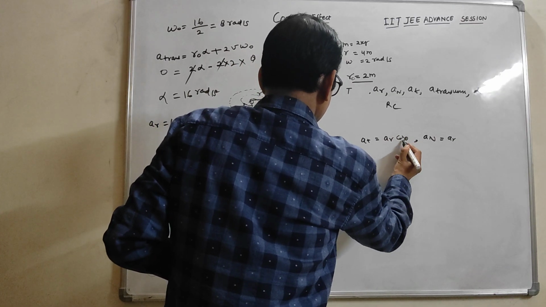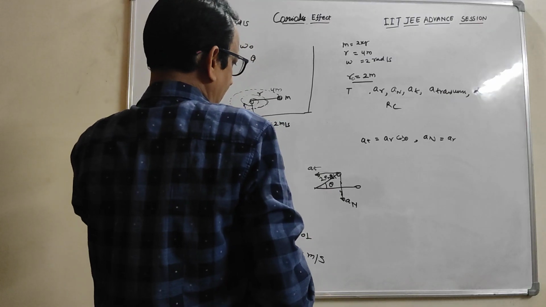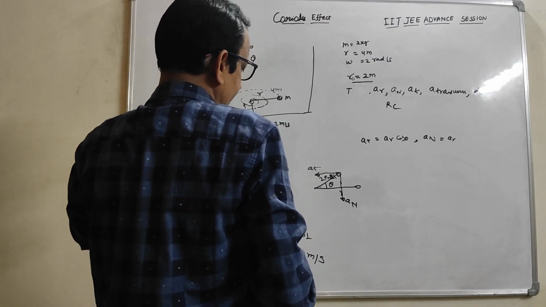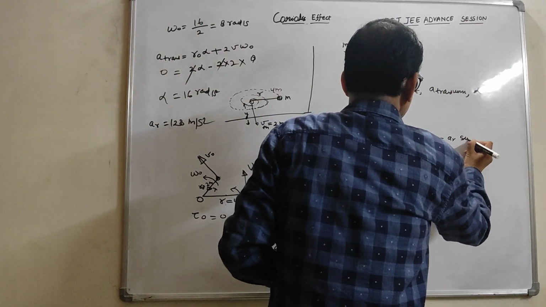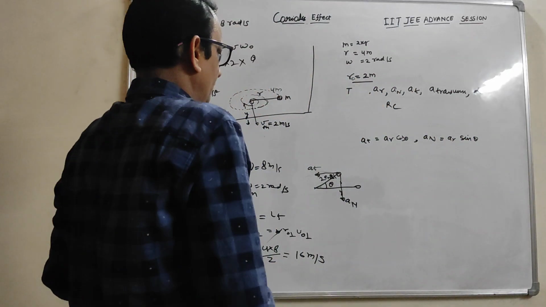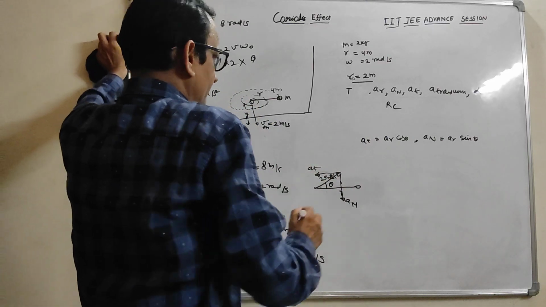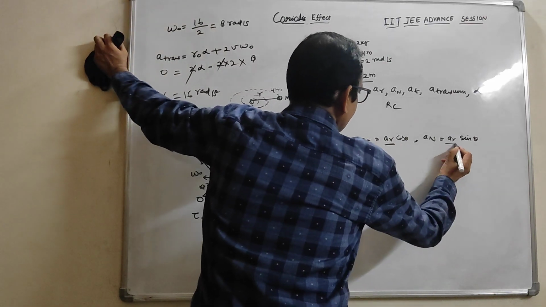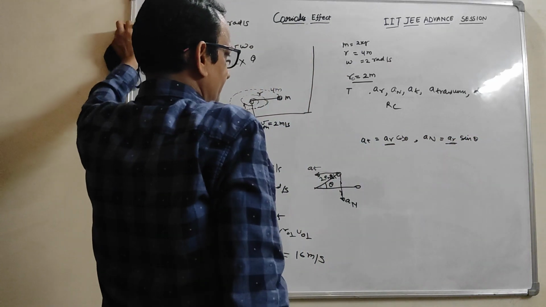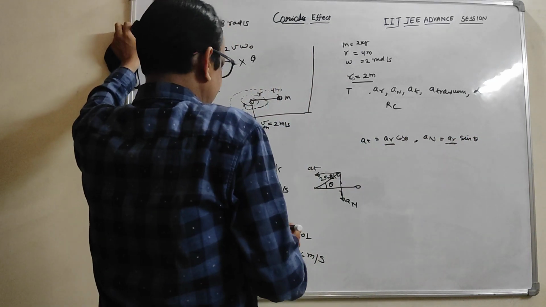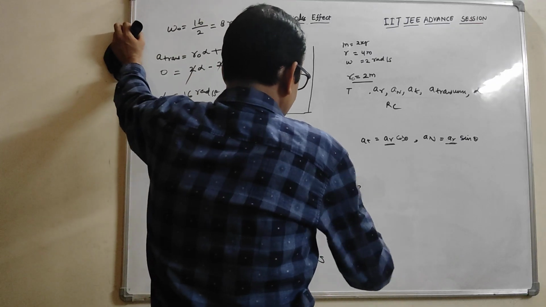Cos theta is right for a_t, and a_n would be a_r sin theta. So we have to calculate here the value of a_r, and we have to calculate cos theta and sin theta. This can be easily calculated, as the velocity is given.